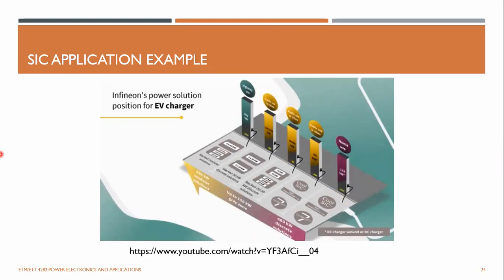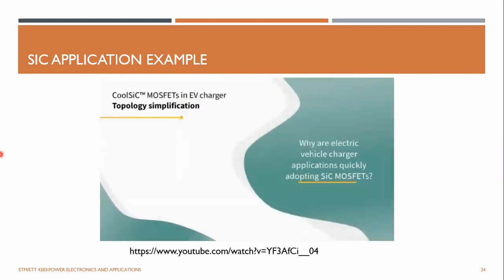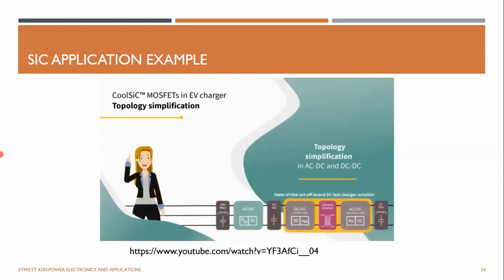As you can see, 1200-volt CoolSiC MOSFET discrete solutions are suitable for almost all power ranges. So why are electric vehicle charger applications quickly adopting 1200-volt silicon carbide MOSFETs? One of the main reasons is topology simplification, both in the AC-DC stage and the DC-DC stage.